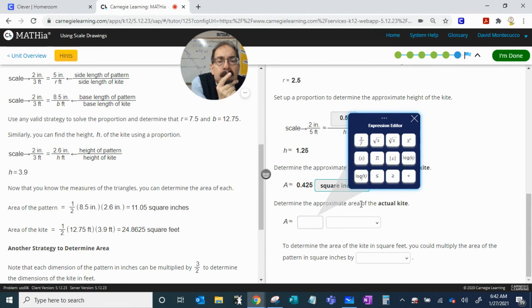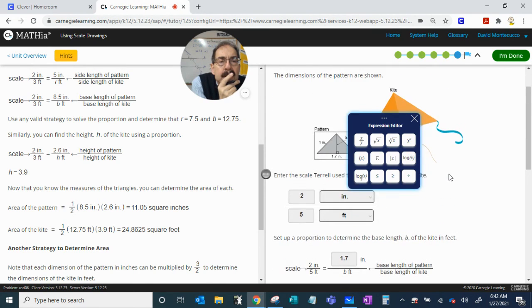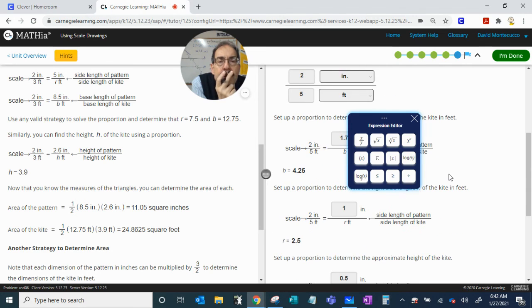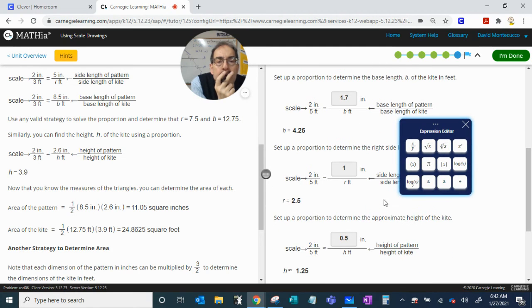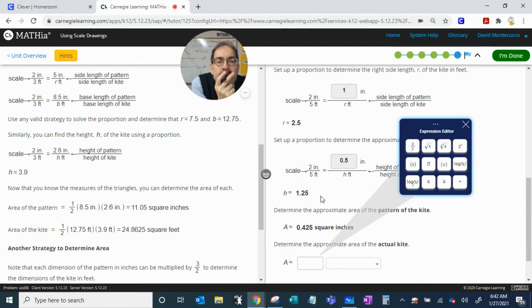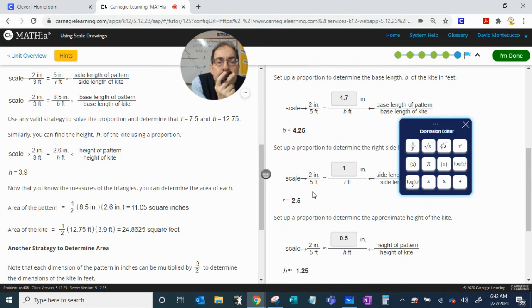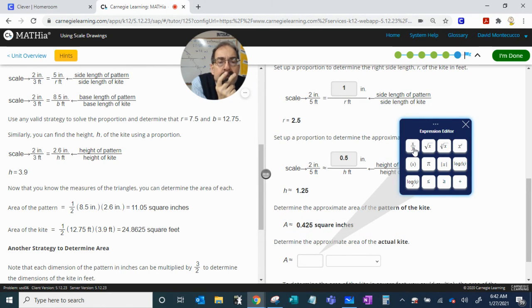Now the actual area of the kite is going to be approximate height 1.25 and the base 4.25, so 4.25 times 1.25 divided by 2.